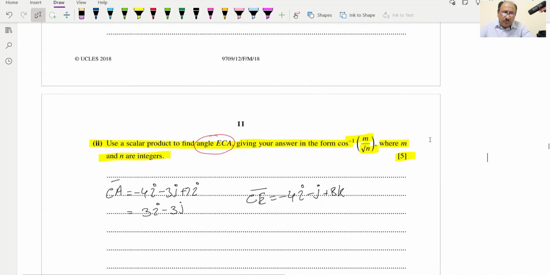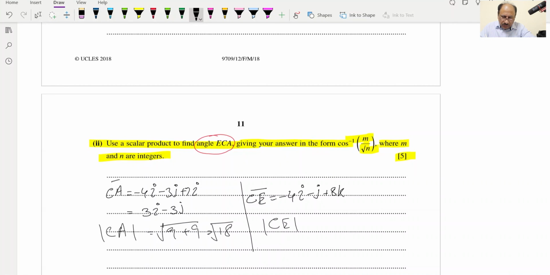Now we got both values, CE and CA. So now we can find the magnitude of CA. CA is equal to the root of 3 squared, 9, plus 3 squared, 9. So this will be equal to root 18. And we can find the magnitude of CE.